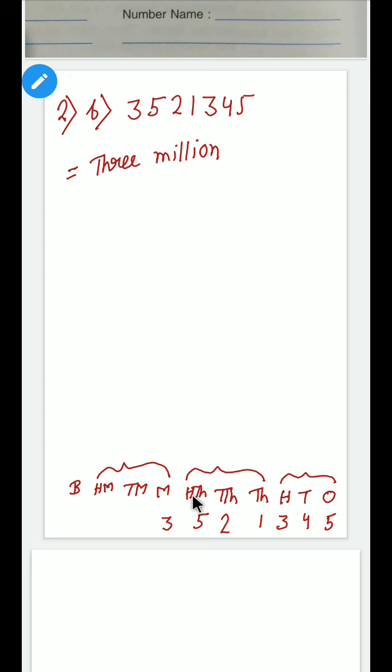Then 521 belongs to the 1000 room. So then write 521,000.